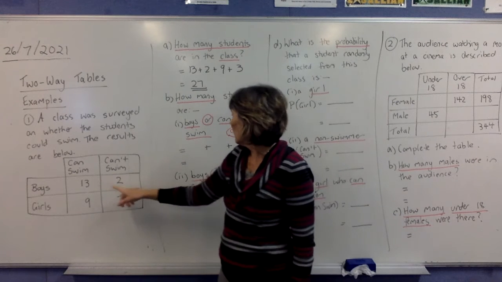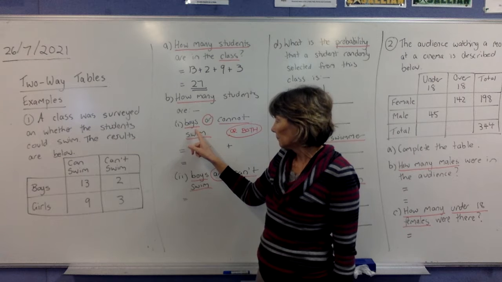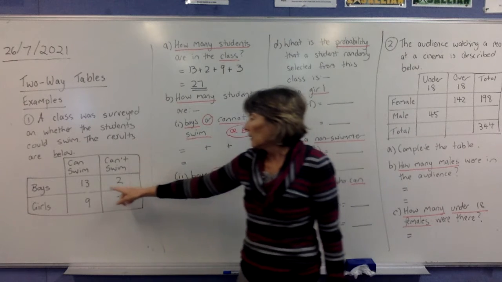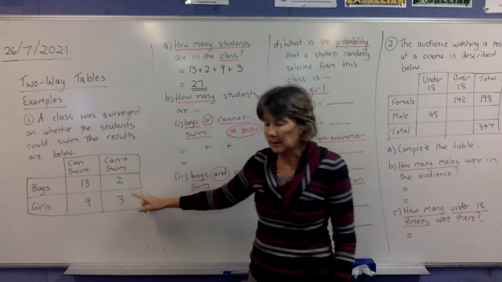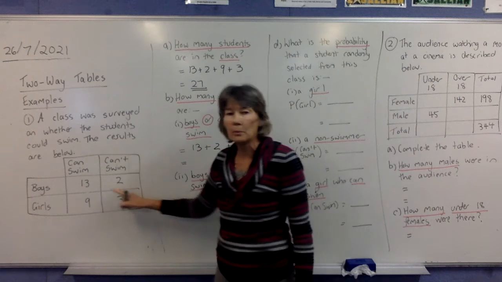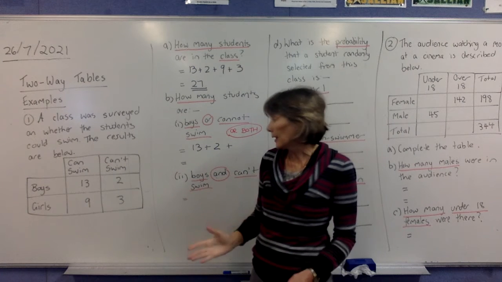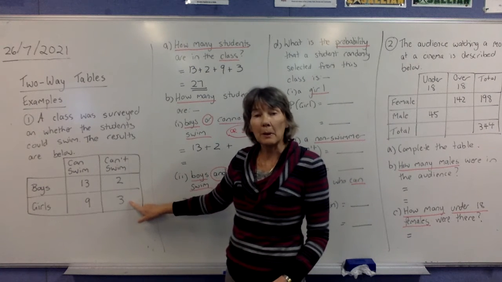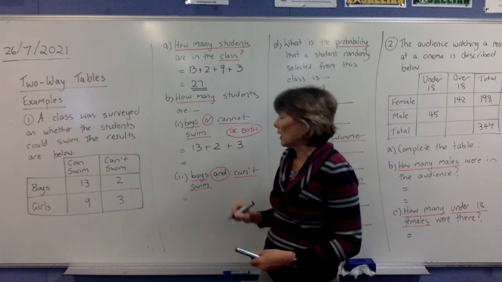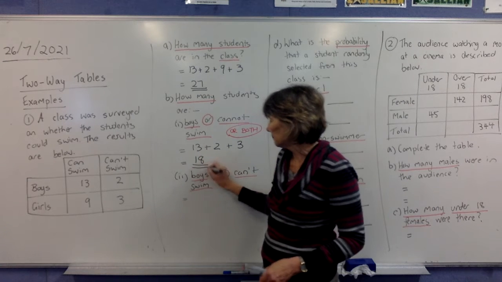So over here we're looking at anybody who are boys or can't swim. If we look along this row here, that will take care of all the boys. So we're going to add 13 plus 2. That's all the boys. Now, we also want to look at anybody else there is who can't swim. So that would be these people down here. These are the girls that can't swim. So we're going to add them in as well, and then we just add that up and get 18.